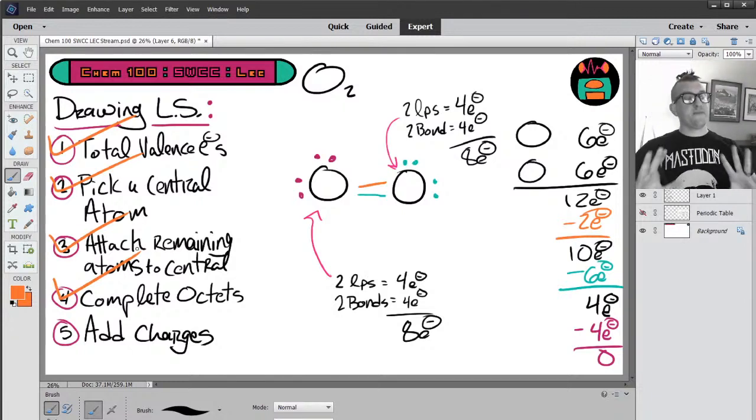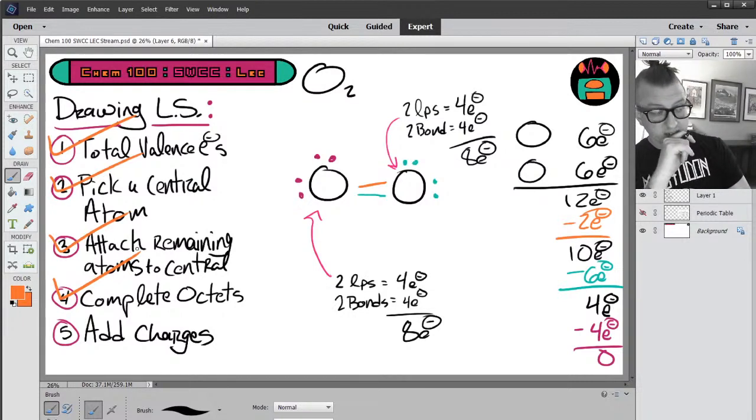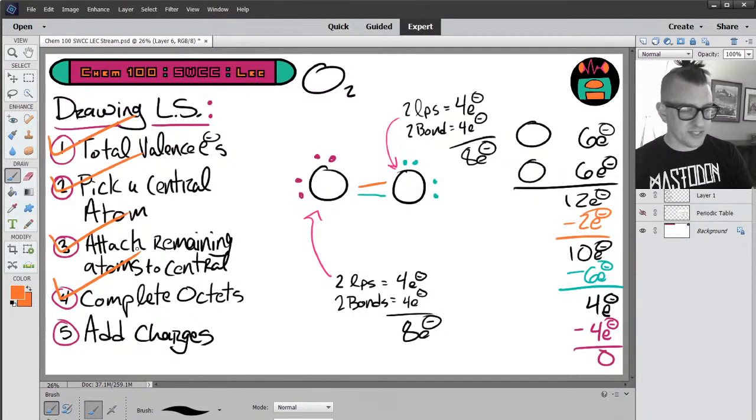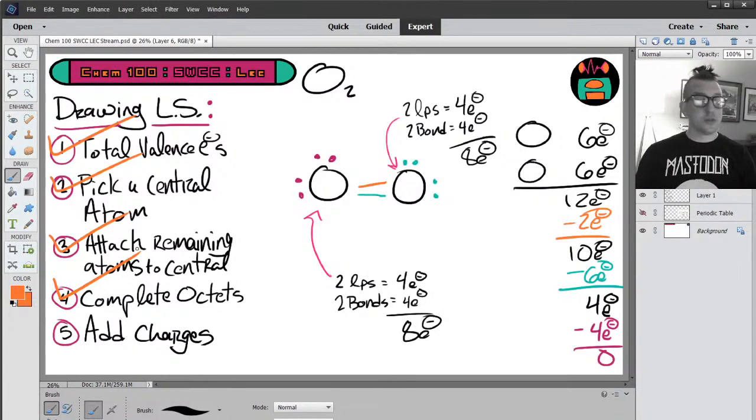All right, we're still ignoring step 5 because we're not dealing with ions yet. We'll get there by the end of today. So we're just holding off there for now. We totaled our valence electrons. Didn't have a central atom for this one, but we attached them, completed our octets. This is the Lewis structure for O2, the air we breathe.